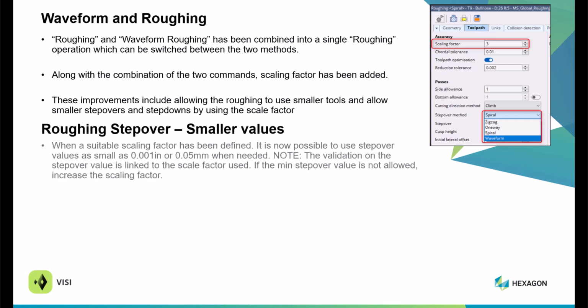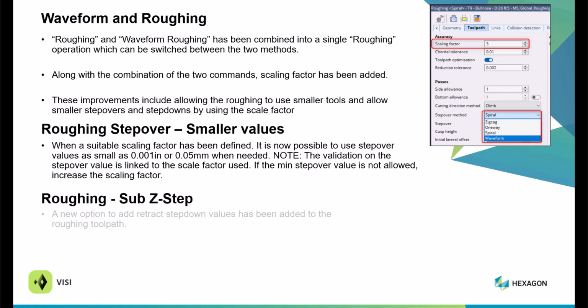Roughing step over smaller values: when it is suitable for a scale factor to be defined, it is now possible to use a step over value smaller than 1 thou, or 50 thou in millimeters. Note, the validation of the step over value is linked to the scale factor used. If the minimum step over value is not allowed, you have to increase the scale factor.